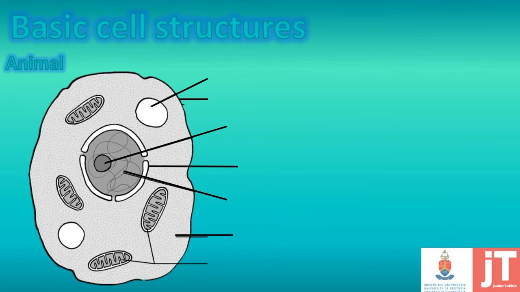So let's look at the basic structure of an animal cell. We were looking at a plant and an animal, but now we will focus on an animal. Firstly, we have a vacuole. Then the outside of the cell is our cell membrane. Then we have the nucleolus.